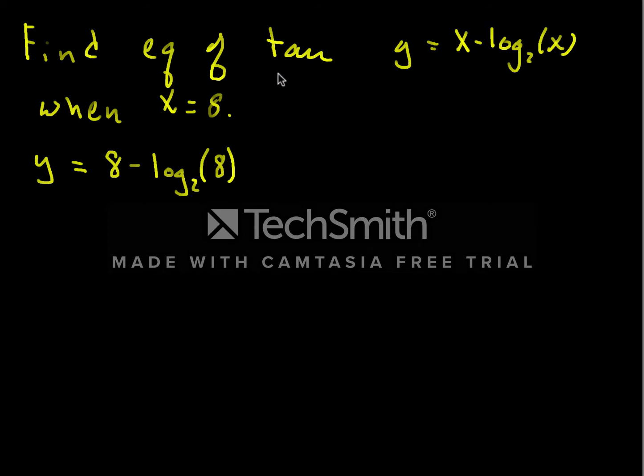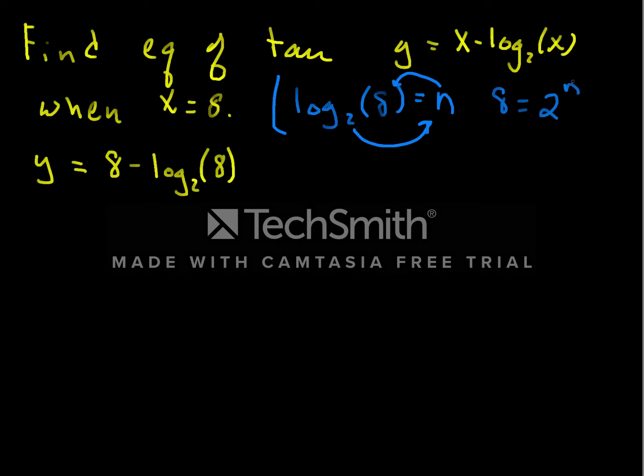If I say log base 2 of 8 equals some number n, that means that 2 raised to the n power has got to equal 8. So 8 equals 2 to the n. Well, what number would give me 8?